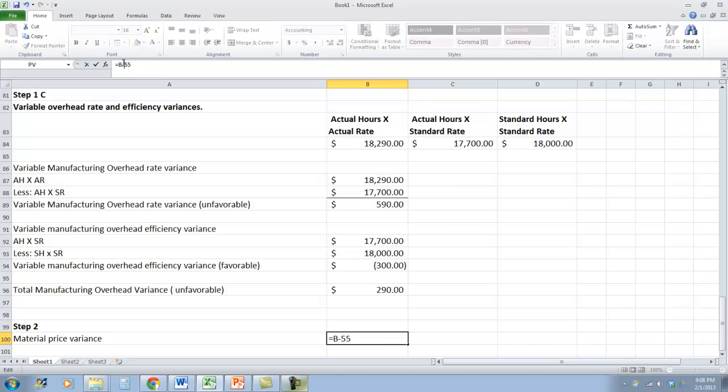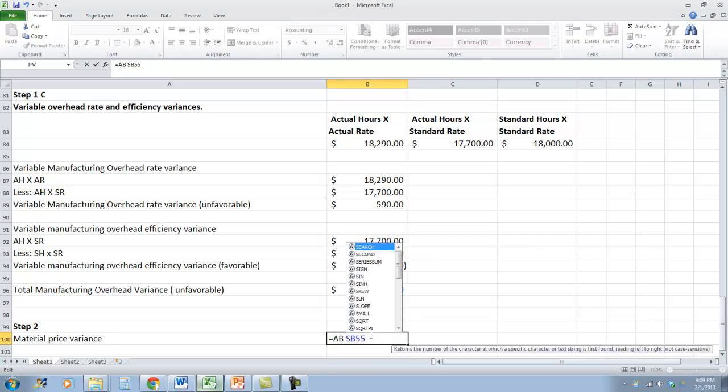And I'm just going to get rid of all the negatives, so I'm just going to put these all in absolute value.